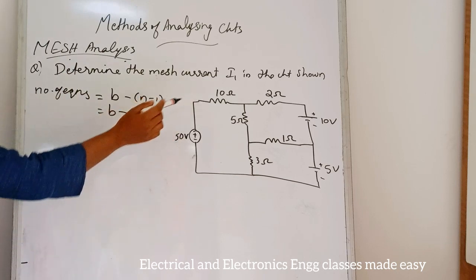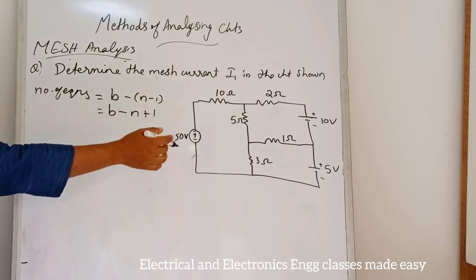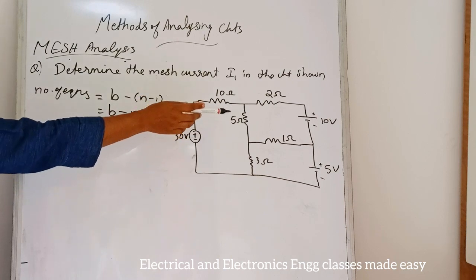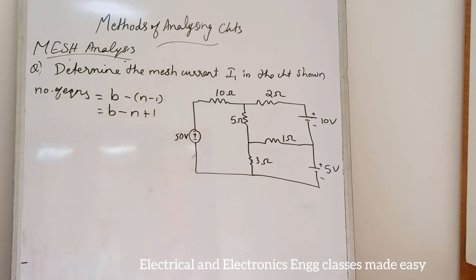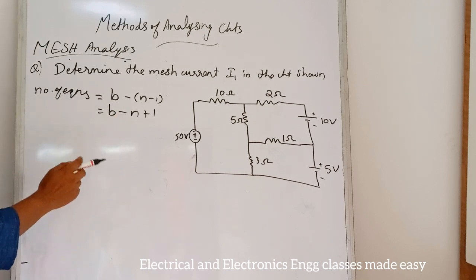So these are the branches, or there are 3 loops, so there will be 3 equations.